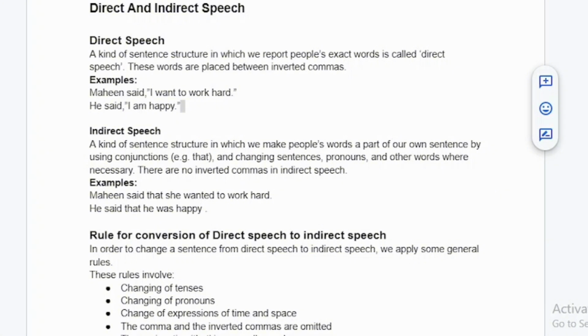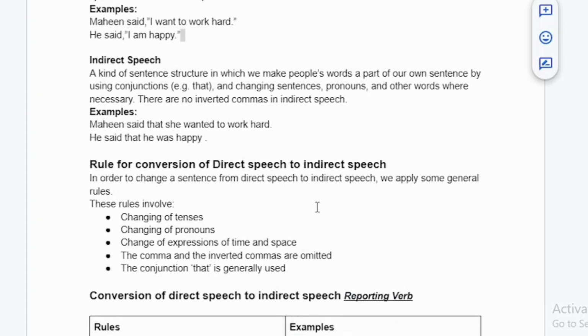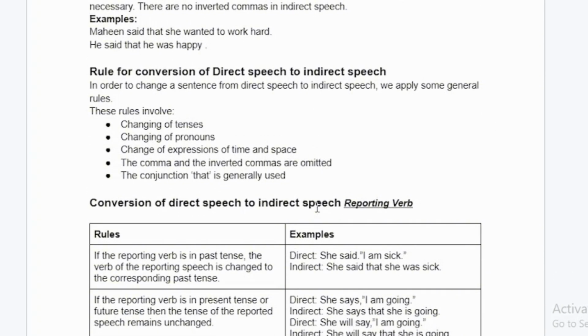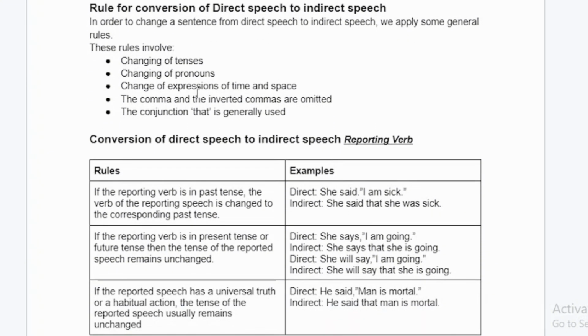Now there are certain rules, some things you have to keep in your mind before you deal with these expressions. Rules for conversion: we are converting the direct sentence into an indirect sentence.